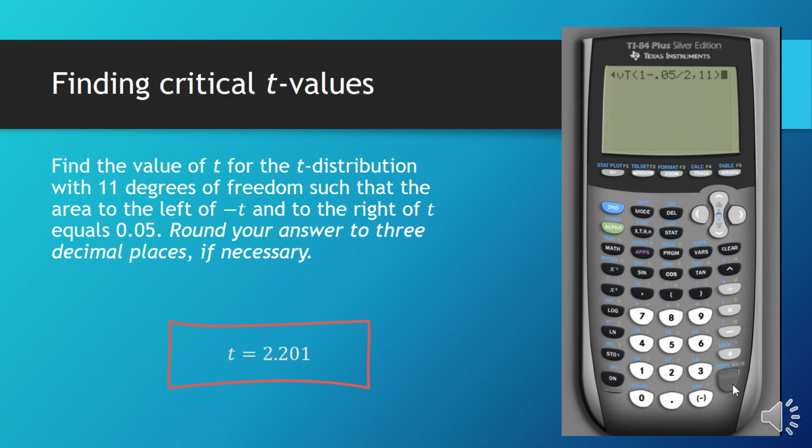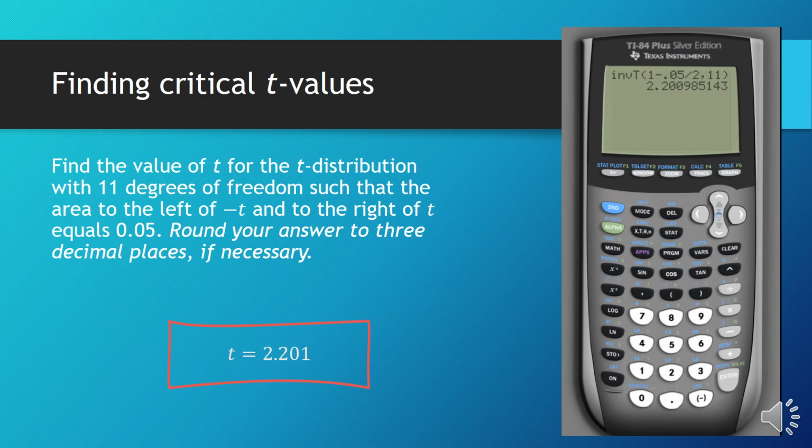So, since we know that there is 0.05 in both tails, that means that it's 0.05 divided by 2 in each tail. So to find the area to the left of my tail that's on the right-hand side, I'm going to do 1 minus 0.05 divided by 2.